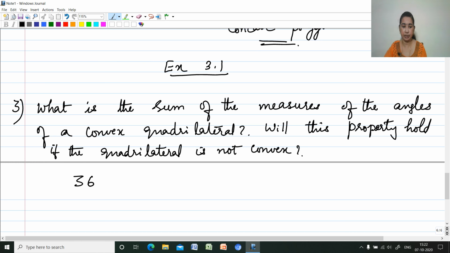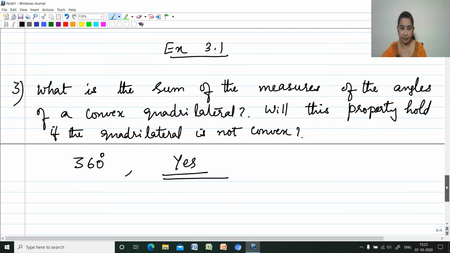So the answer will be 360 degrees. Whether it is a convex quadrilateral or a concave quadrilateral, will this property hold if the quadrilateral is not convex? Then also it will hold. So for any quadrilateral, the sum of the angle measures will be 360 degrees.